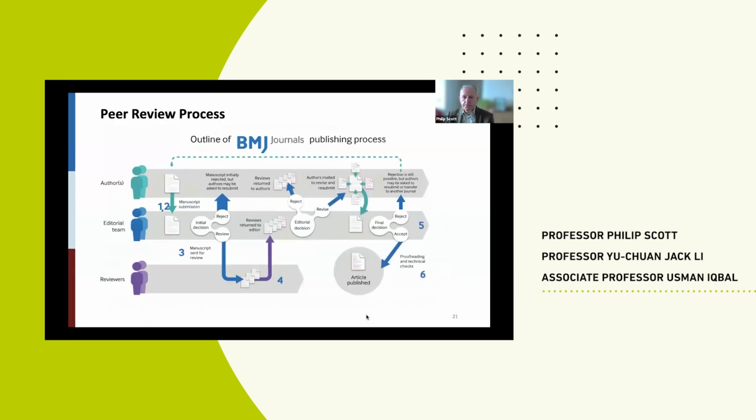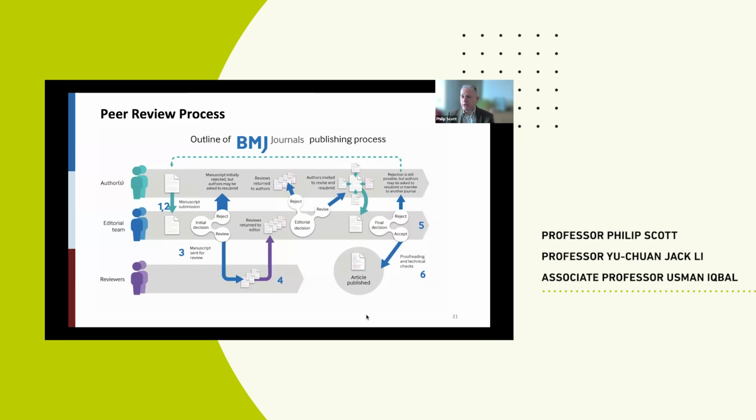So this is the heart of the process. I'm just going to walk you through step by step. If you're not familiar with peer review, this is the mechanics of how it works. We start at the top left with authors, with steps 1 and 2.